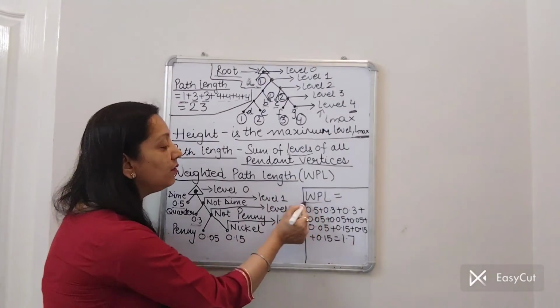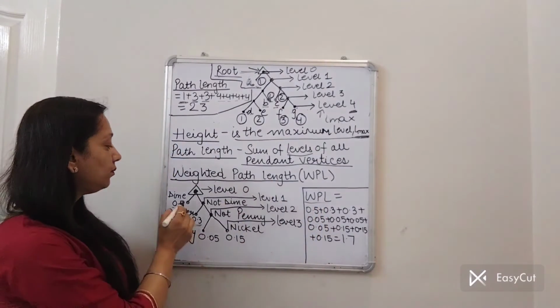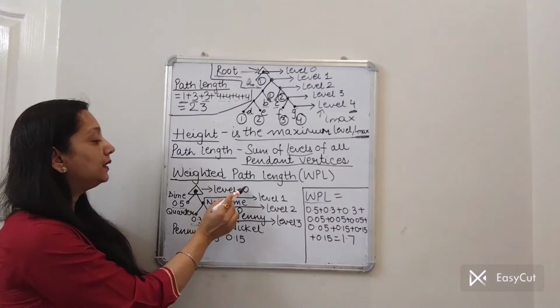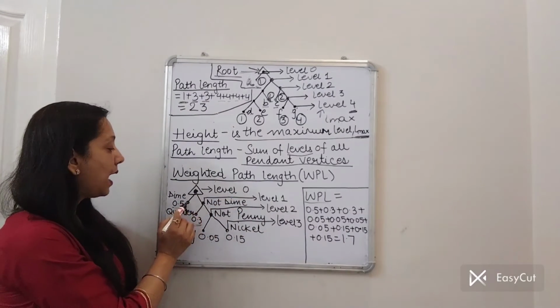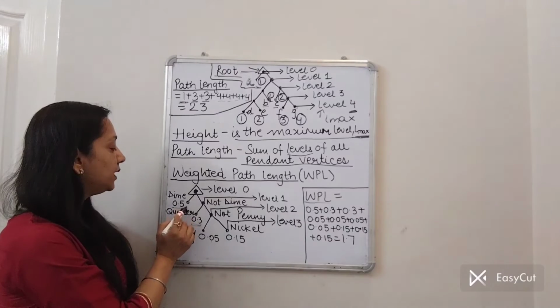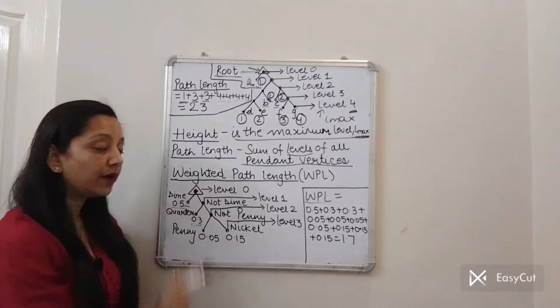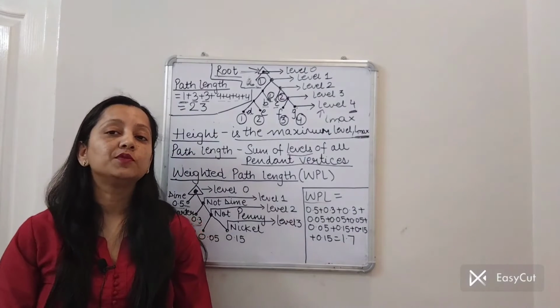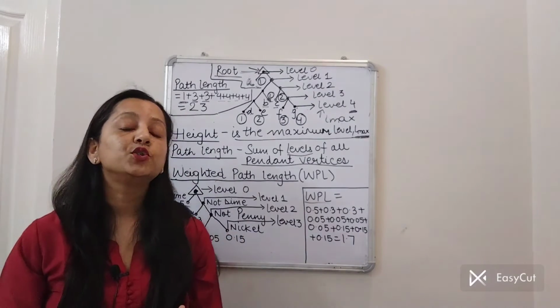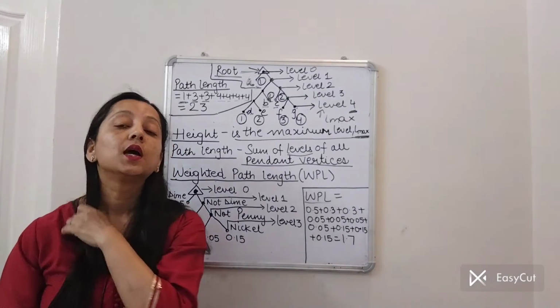Now how do we calculate the weighted path length? Here you can see that at level 0 there is no pendant vertex. At level 1 I have a pendant vertex with a weight 0.5. Now you would ask me, what are these weights? See, there are certain problems which require some real numbers to be associated with the vertices.